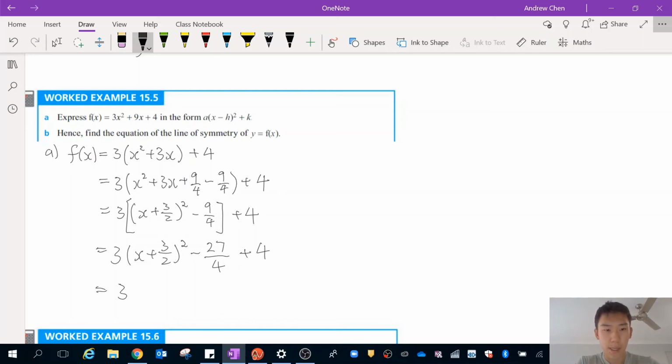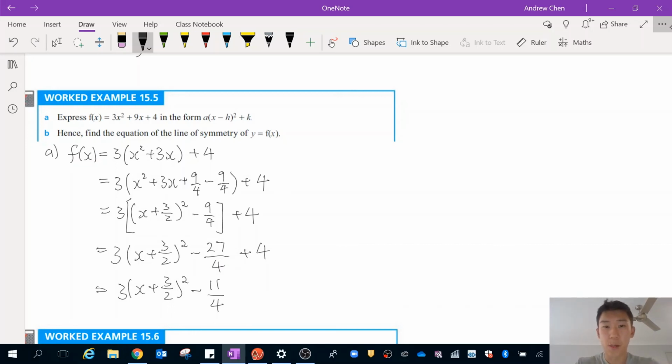Now 4 is the same as 16 on 4, so negative 27 plus 16 is negative 11 on 4.